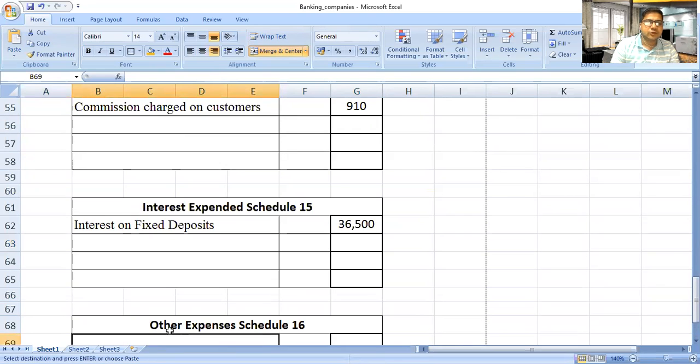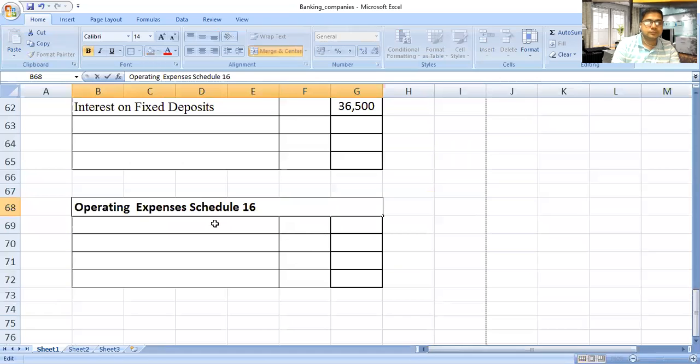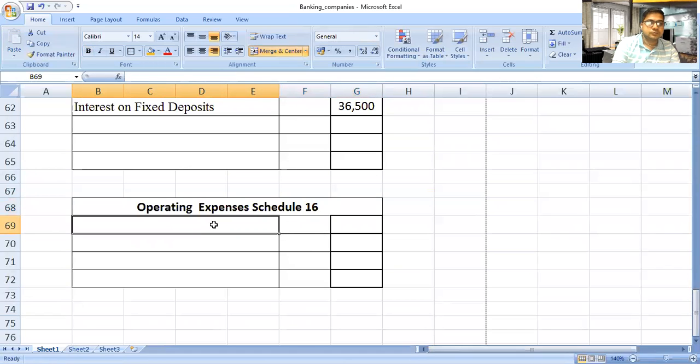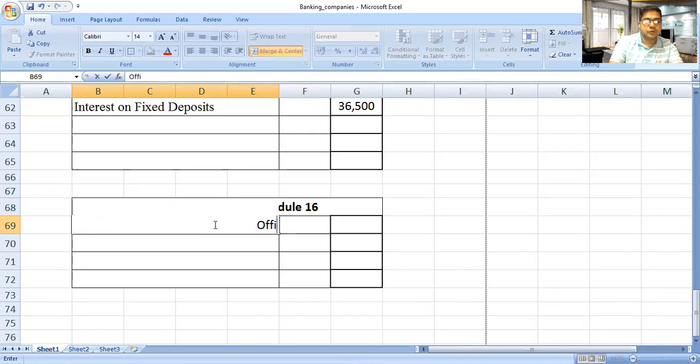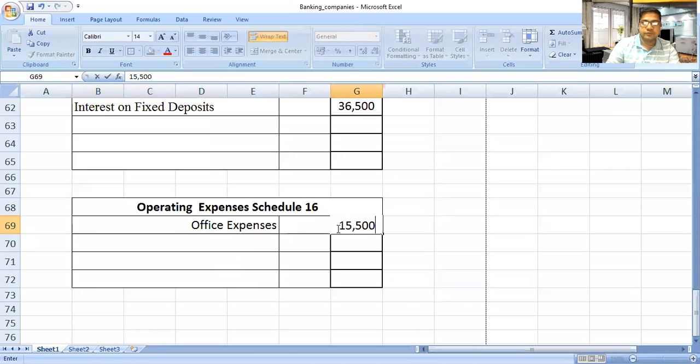Other expenses, or we can say it is operating expenses, 15,500.